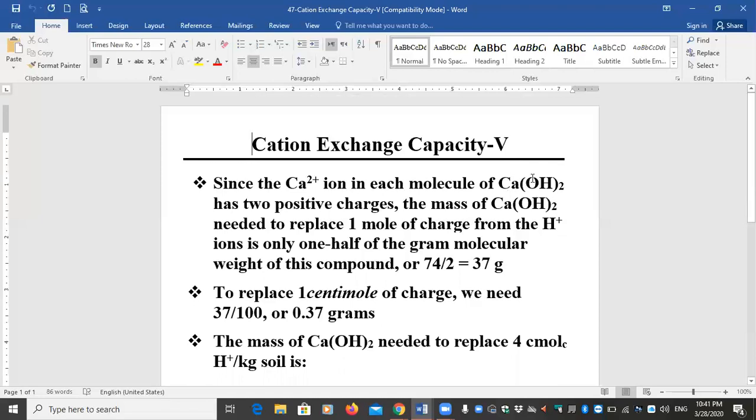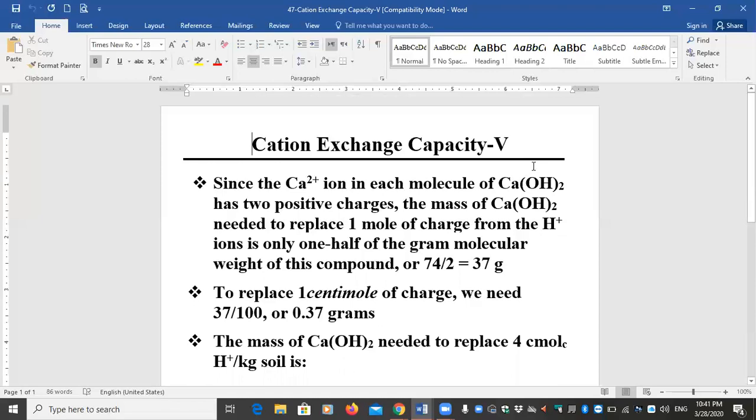Each one of those molecules will give us also 1 Ca2 plus, and each one of them carries 2 positive charges. So if I count the number of positive charges, 1 mole of this will give me 2 moles of positive charges coming from calcium.